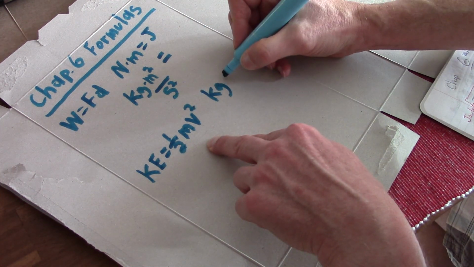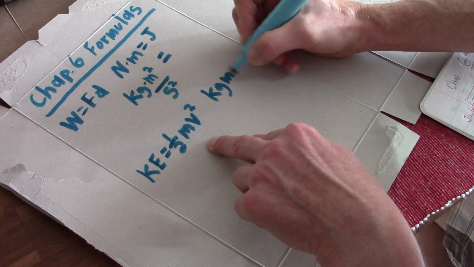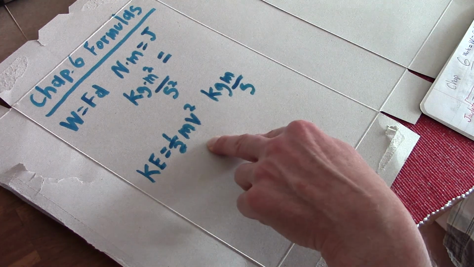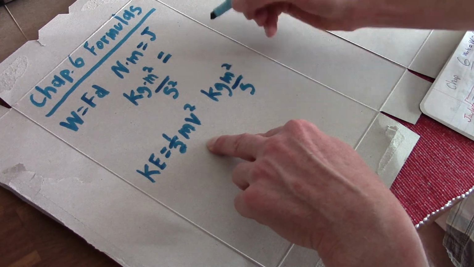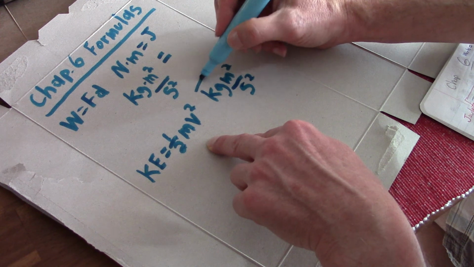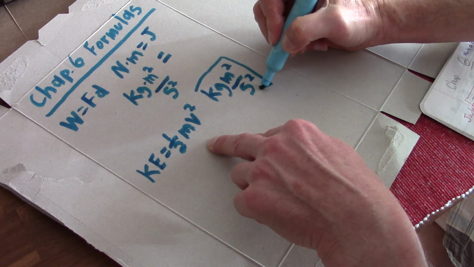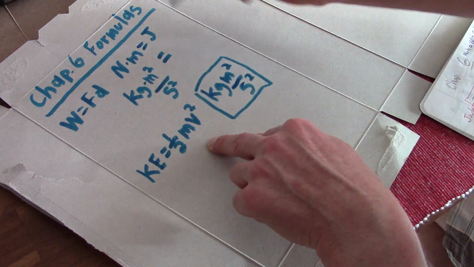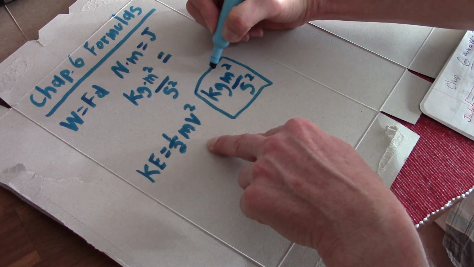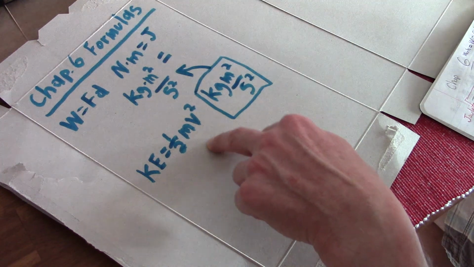Velocity is meters per second. But if you square that, it's meters squared per second squared. And look at that. Kinetic energy is the same units as work.